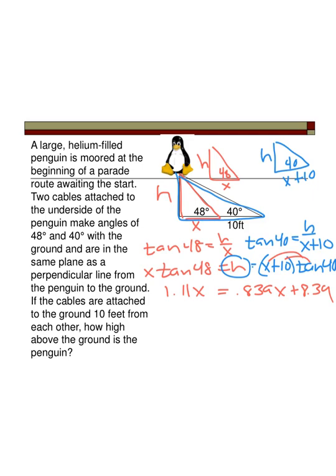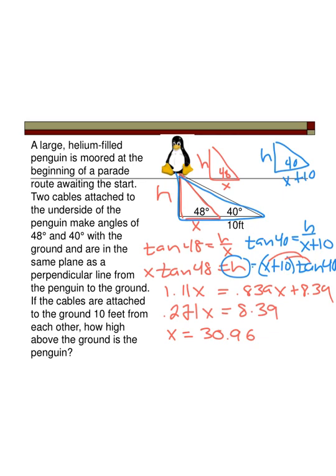If I go ahead and combine like terms and subtract my 0.839x, then I get 0.271x is equal to 8.39. And then dividing both sides by 0.271, we end up getting that x is equal to 30.96 approximately.